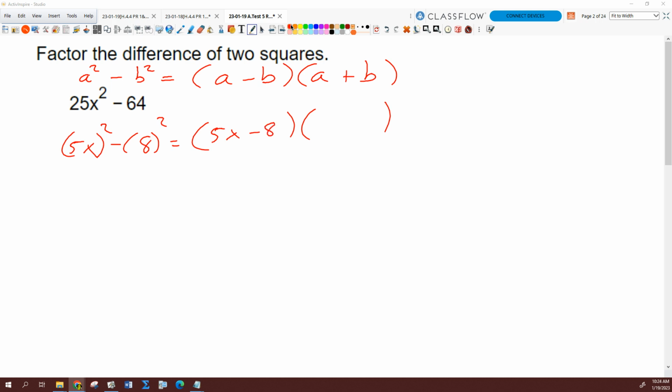Five x minus 8 times five x plus 8. That's it. The 5x being squared takes the place of our a in the pattern, and the 8 takes the place of the b, and we just follow our pattern. So there's our answer.